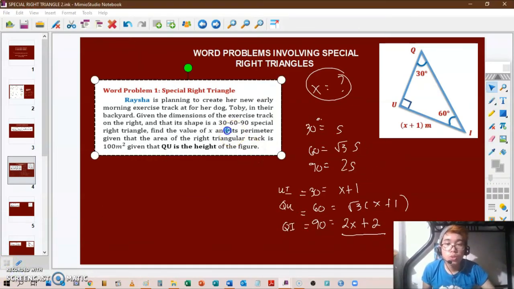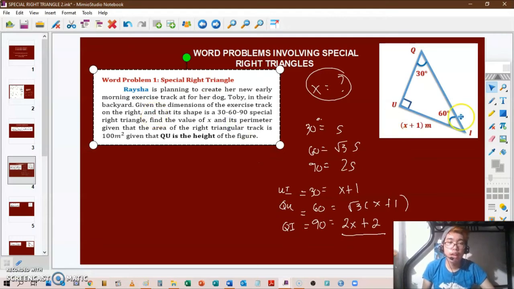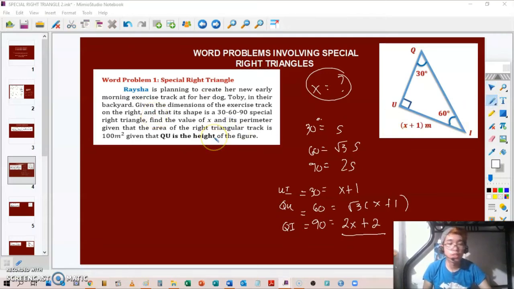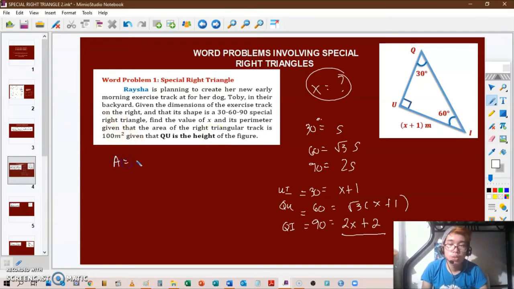Okay, so to solve for the value of x of our given figure here, let's use the given that the area is equal to 100 meters squared. And we know that for solving the area of a triangle, it's equal to 1/2 base times height.